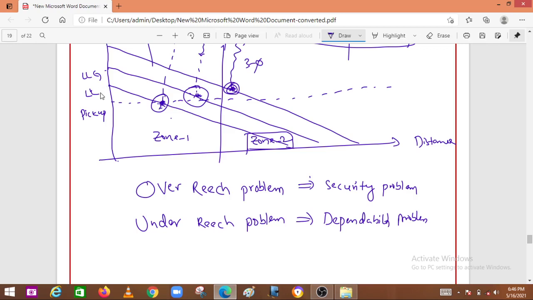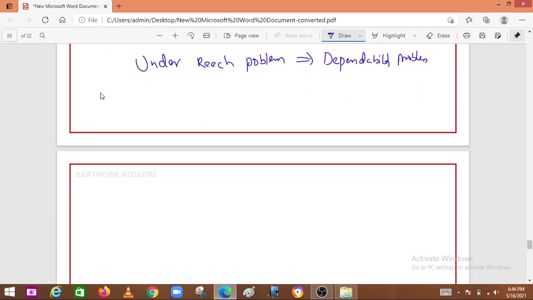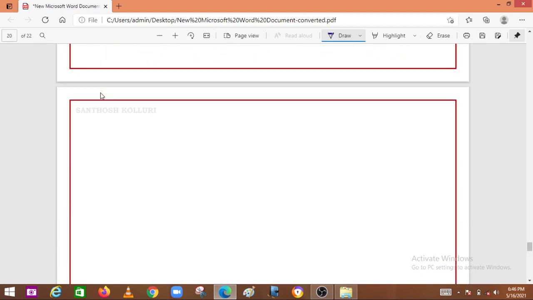Okay. Then what are the conclusions here? Protection is important in transmission as well as distribution systems, because the generator will have its own protection.